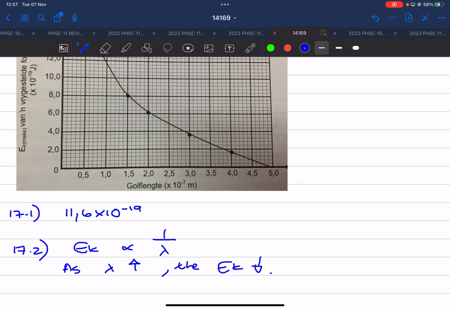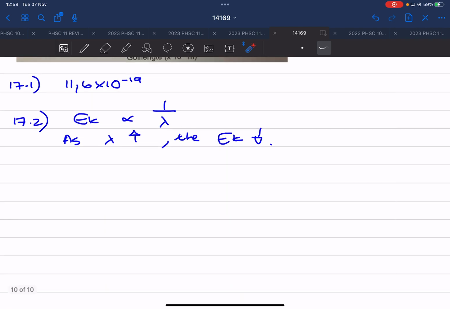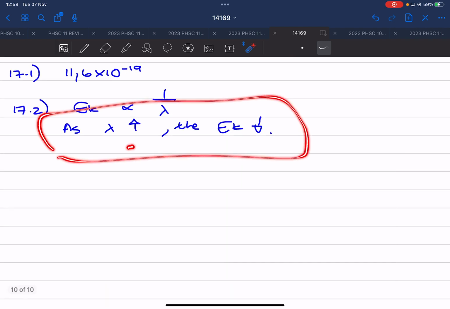But very important here when you write this down, please use the words that they used in the question. So they ask, what is the relationship between maximum kinetic energy? Then you're going to say, maximum kinetic energy is inversely proportional to the wavelength of the light. So use the full words that they use in the question. Don't abbreviate like I do here.